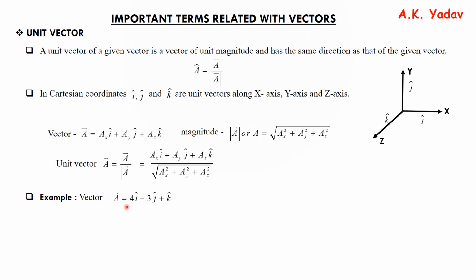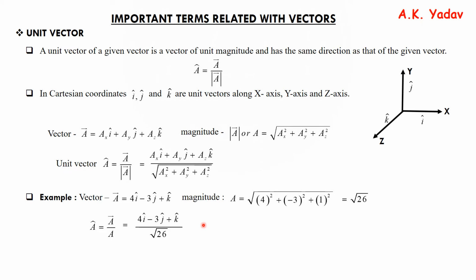Let us understand this with the help of an example. So I have been given a vector A which is equal to 4i cap minus 3j cap plus k cap. Now the magnitude will be equal to under root of i component square, that is 4 square, plus j component square, that is minus 3 square, plus k component square, that is 1 square. And this gives the magnitude A equals under root of 26. So the unit vector of this vector A is equal to vector A divided by A, which is equal to 4i minus 3j plus k cap divided by under root of 26.